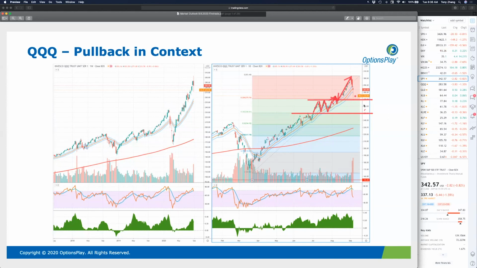So at the very least, my take is that if the Qs extend their move to the downside, they're going to get back into this range. And the low end of that range is about 250. So that would be my initial target to the downside if I'm looking for further consolidation in the Nasdaq 100 index. And keep in mind, the February highs are around 238 or 239.